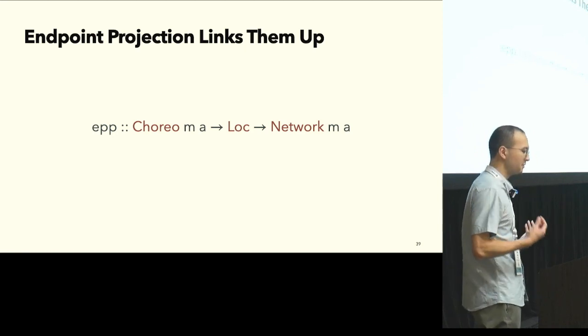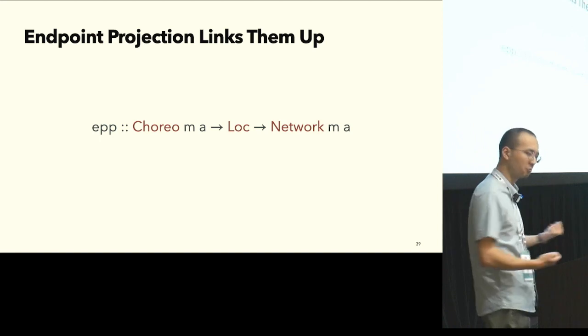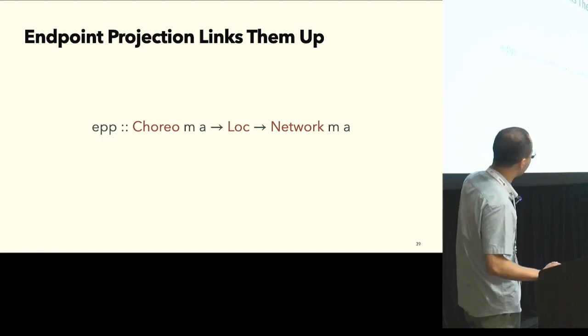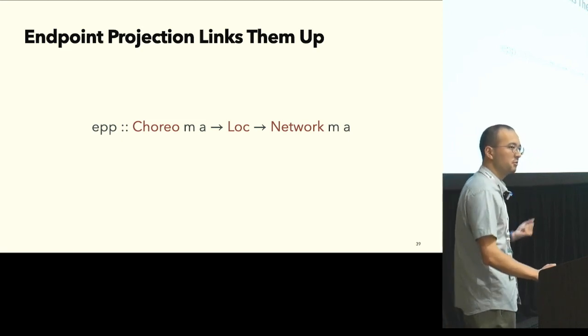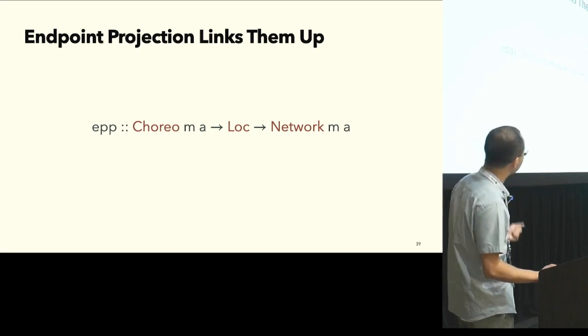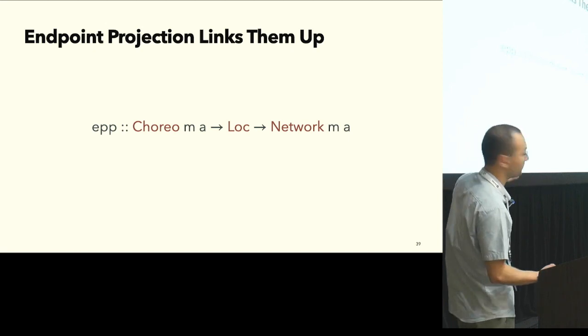Now we can think of endpoint projection as the process that links up these 2 kinds of programs. In HasChor, endpoint projection is defined as a function that takes a Choreo monad and a target location, the location we're projecting to, and generates a network program that implements that location's part of the choreography.